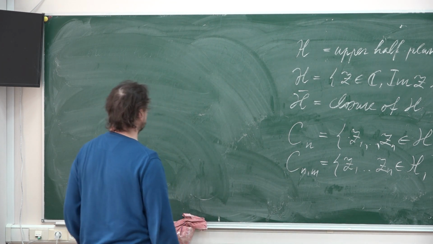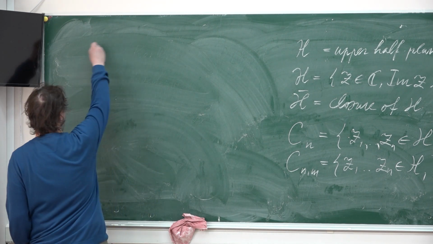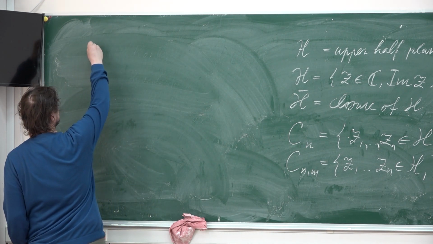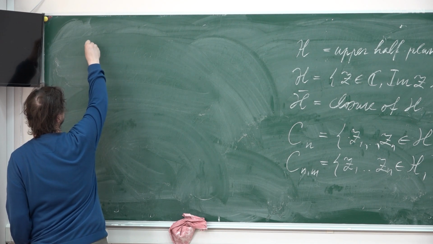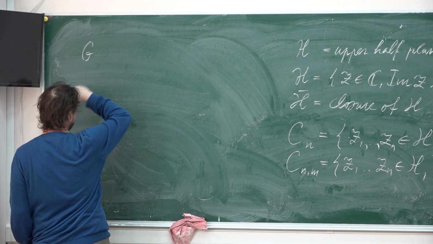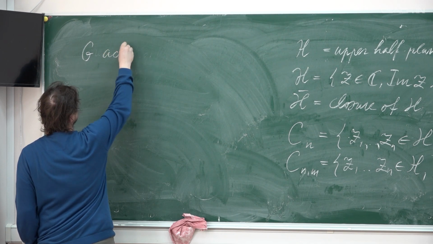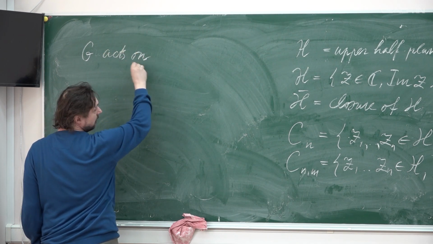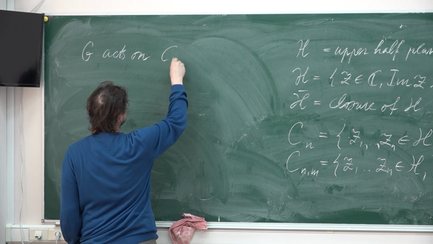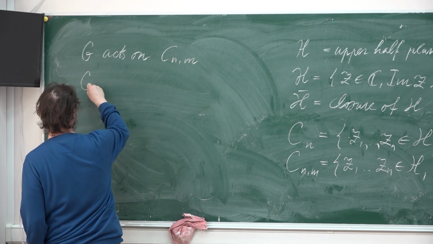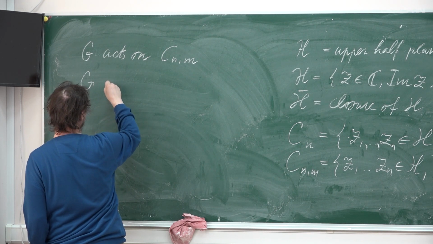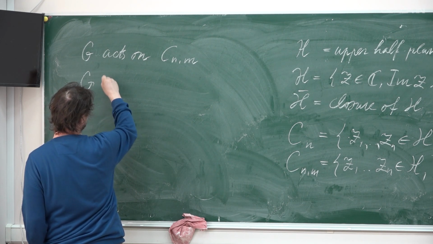First, I observe that the group G acts on C and M, where G is a group of affine transformations of the complex plane.